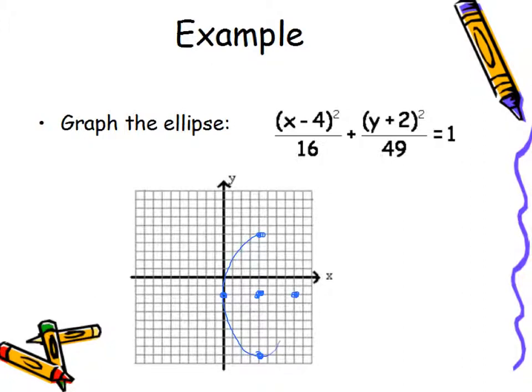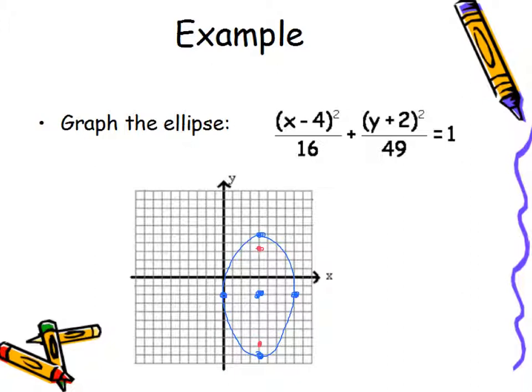Now this ellipse is elongated more up and down, so now your major axis is a vertical major axis, so your foci will fall on that, and so you just throw those in there somewhere.